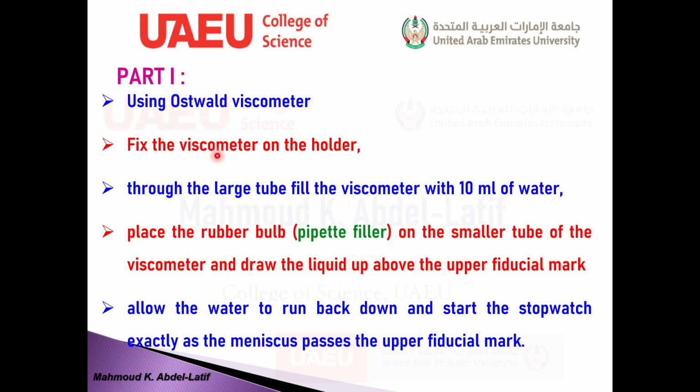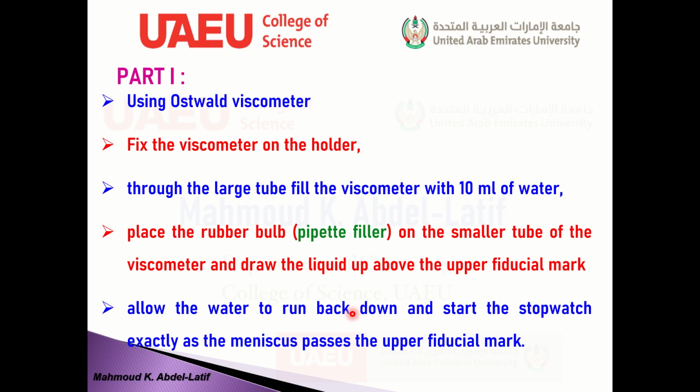I'm going to show the video for this experiment. Just fix the viscometer on its holder. Through the large tube, fill the viscometer with 10 milliliters of water. Use the pipette filler to pull the liquid up on the other side, and draw it above the upper fiducial mark.